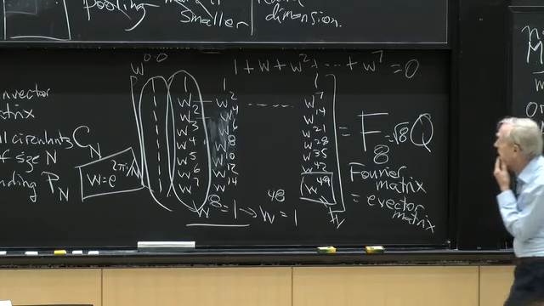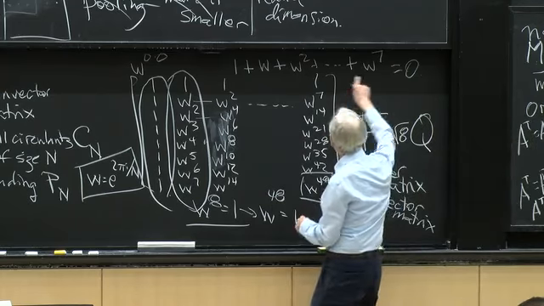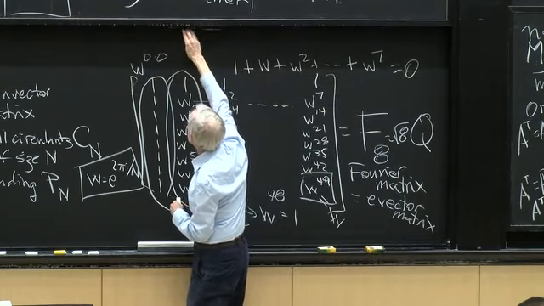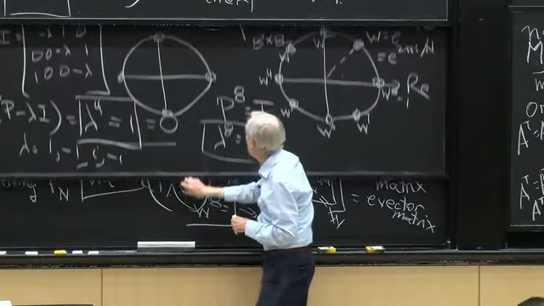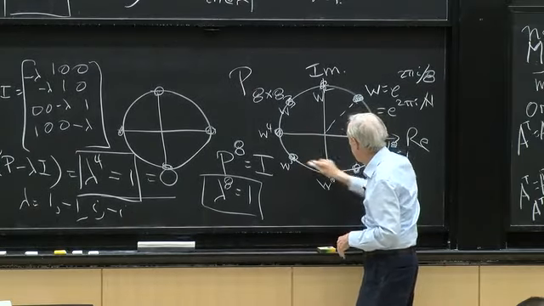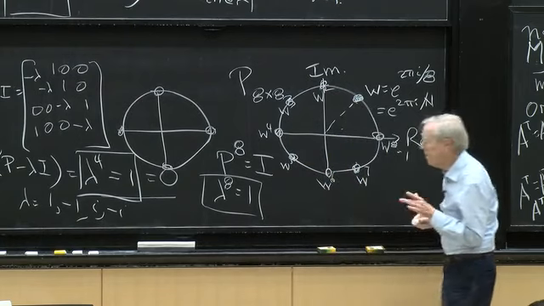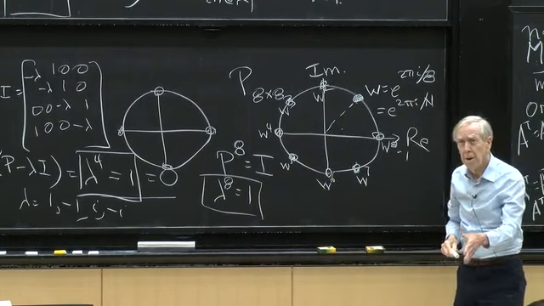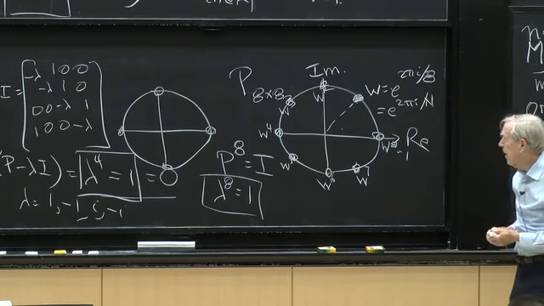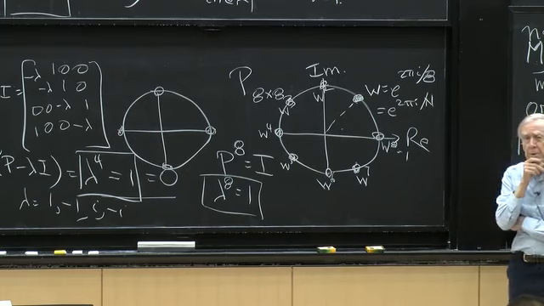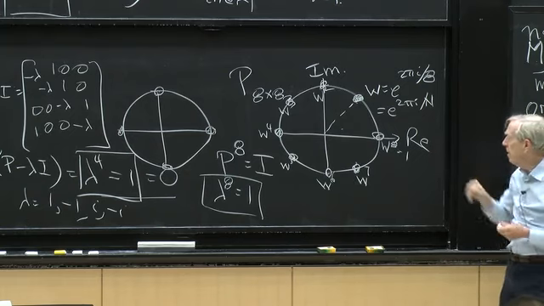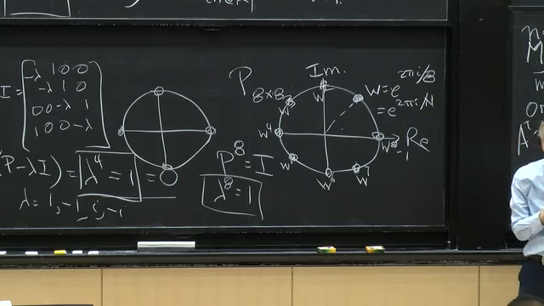Well, what's that saying? Those numbers are these points in my picture, those 8 points. So those are the 8 numbers that go into that column of that eigenvector. Why do they add to 0? How do you see that the sum of those 8 numbers is 0?